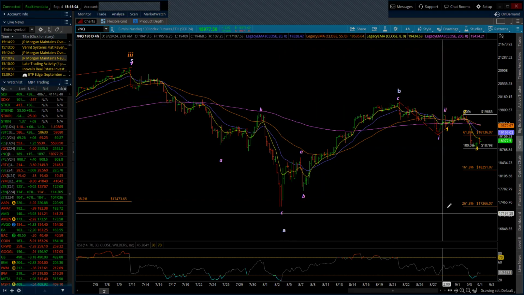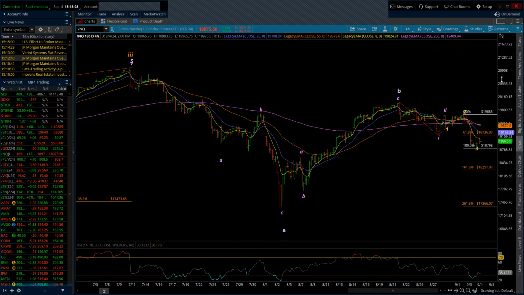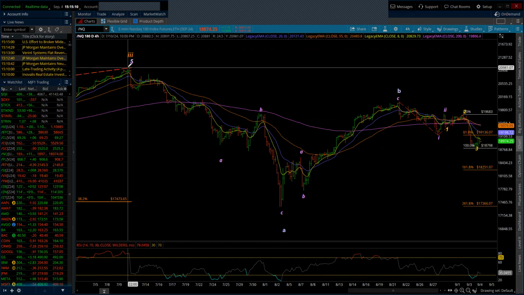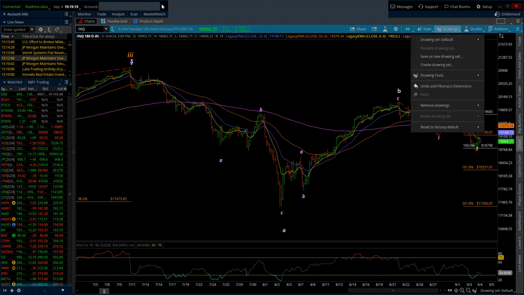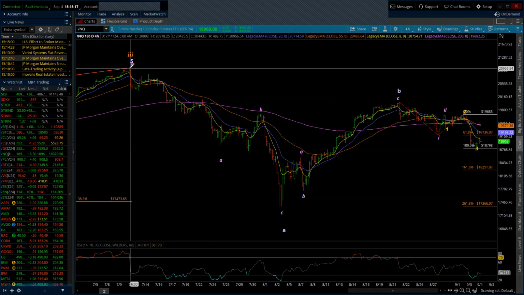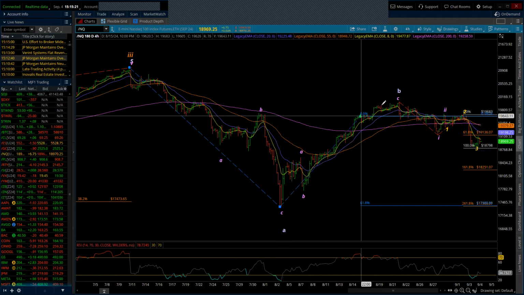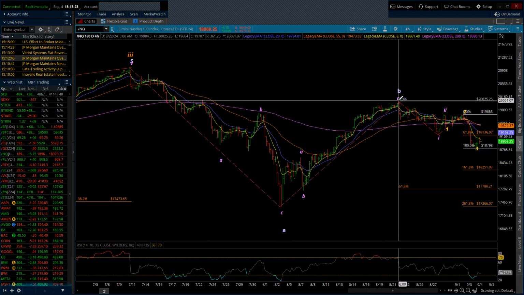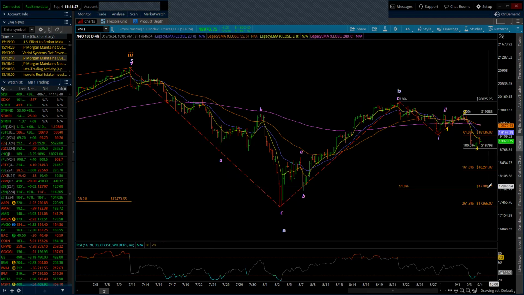And with that being the case, what would our fibs tell us? Well, then we go and add another one. Oops, that didn't work. And we're going to go from there down to there and back up over to there. Now, we have the 618, they're actually matching up right there, 17,780.